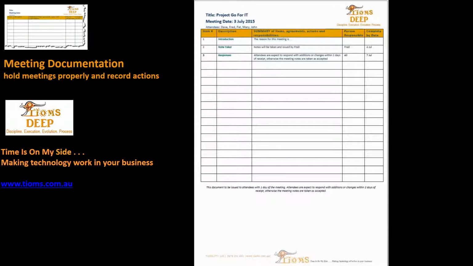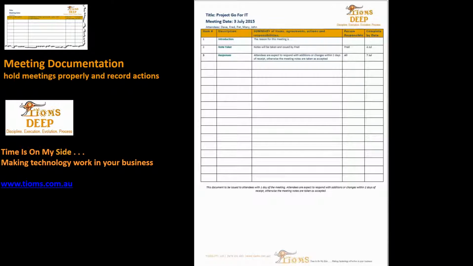When this document is filled out, the note taker should be agreed at the first meeting or each meeting, depending how you're going to run the meetings. But once it's filled out, you would expect that to be issued to all of the attendees within 1 day of the meeting. It should be sent by email.